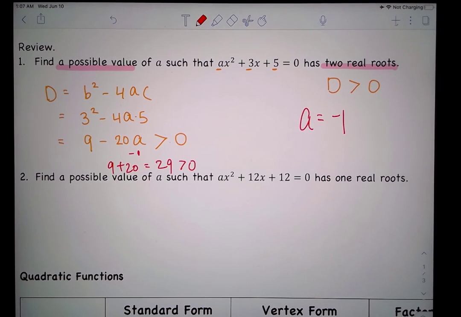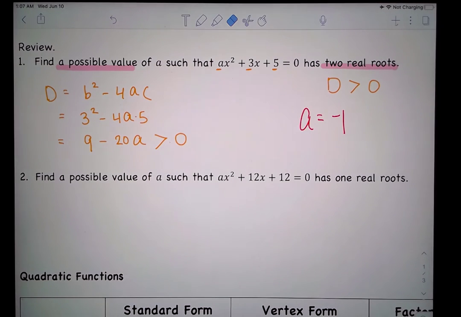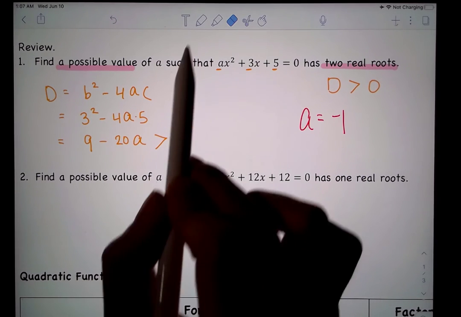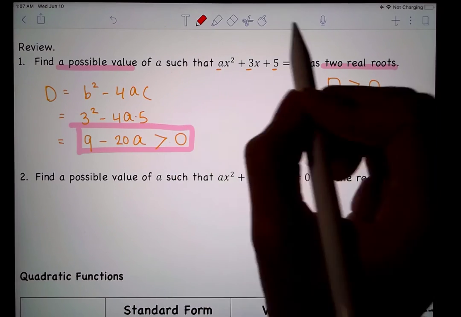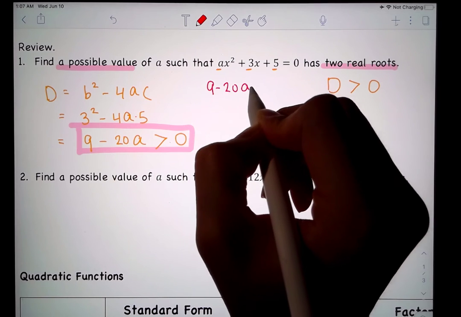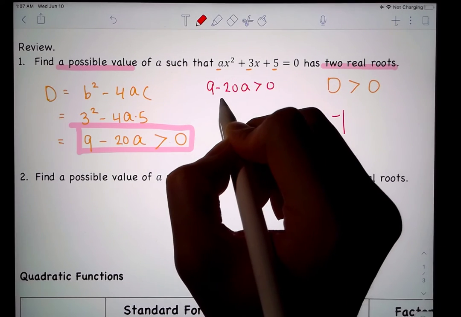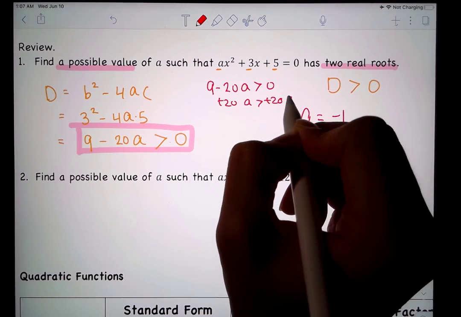So like this, you can have any possible value, but also if you want to get all the values that satisfy this condition, then you can solve this inequality here. You know how to solve the inequality, right? So 9 minus 20a is greater than 0. So we add 20a to both sides, right?